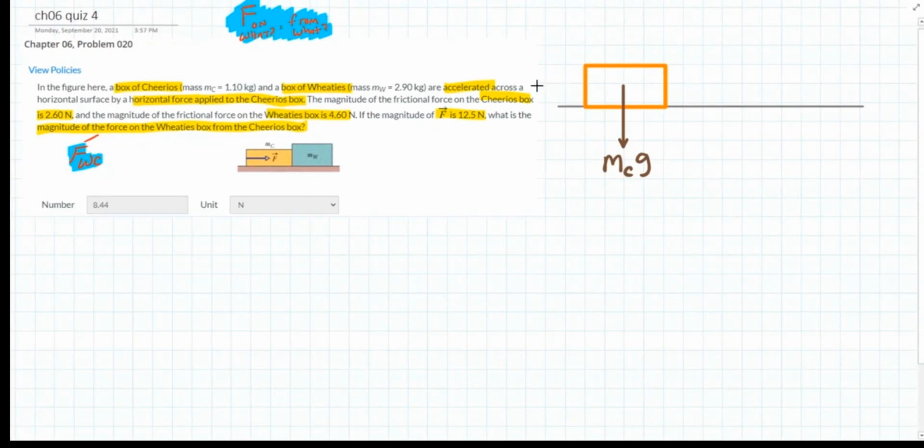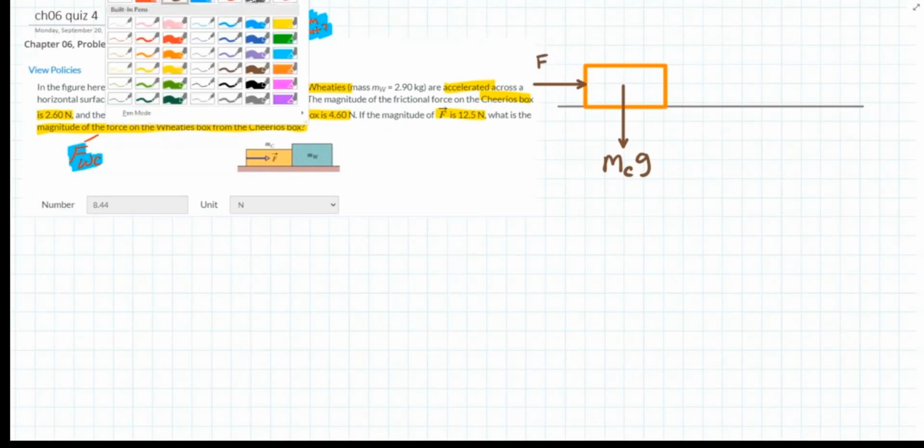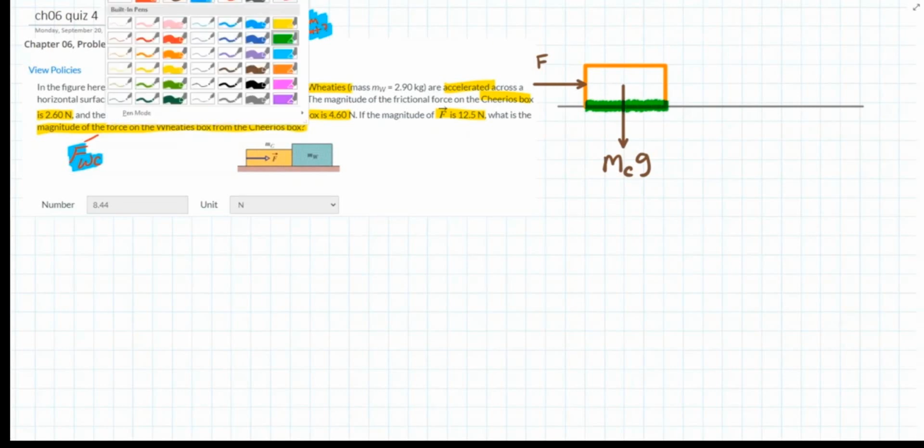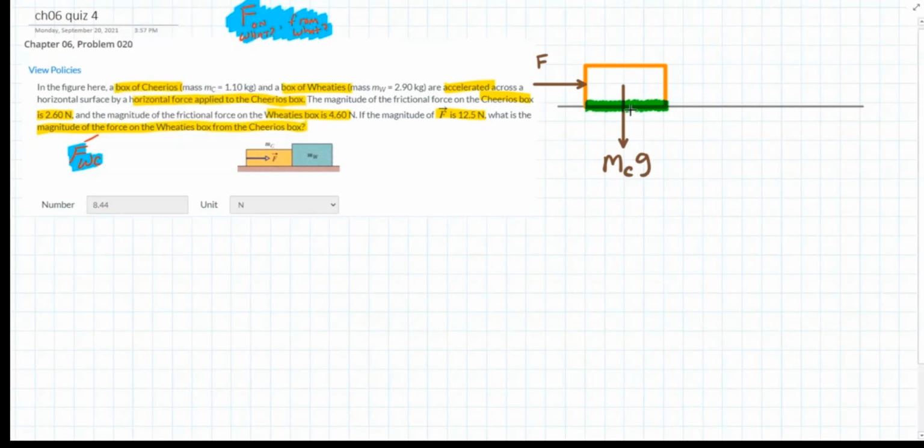This is my externally applied force, F. Or is that it? Well, no, there's the normal force. The normal force technically acts on the shared contact surface, here's the shared contact surface between the Cheerios and the floor. So my normal force is going to be perpendicular to that, so I'll draw that like this.